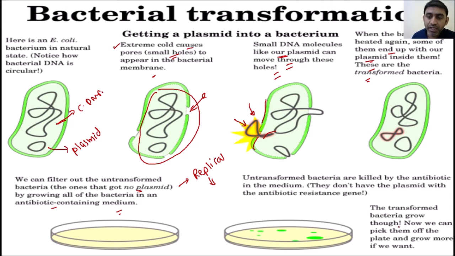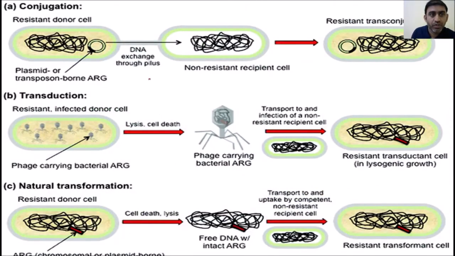The transformed bacteria go through, and now we pick them up on plates. Conjugation, transduction and natural transformation are other methods. The plasmid contains three kinds of genes: R gene, F gene and col gene, where R is for resistance.